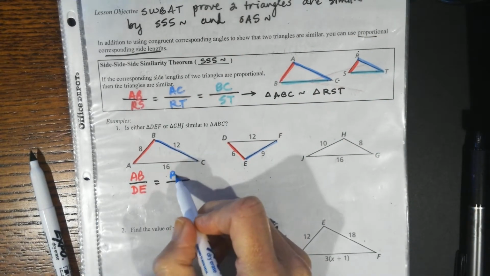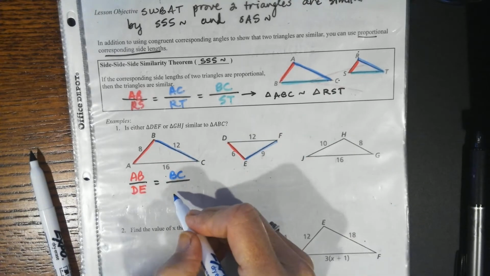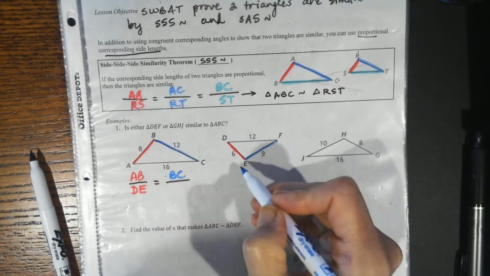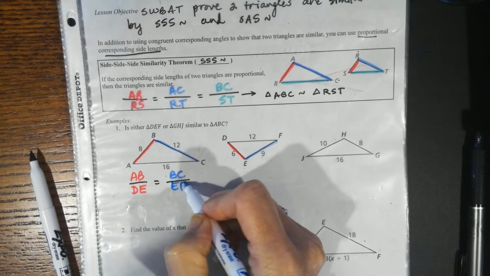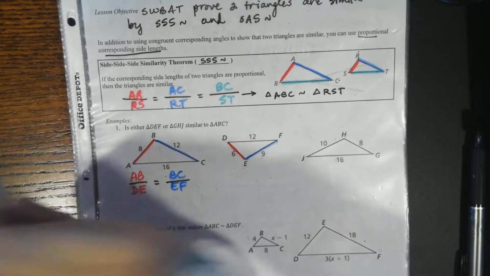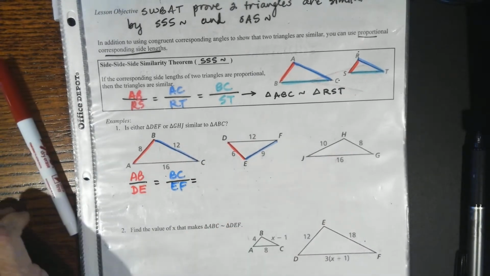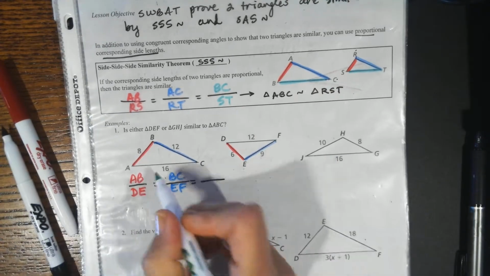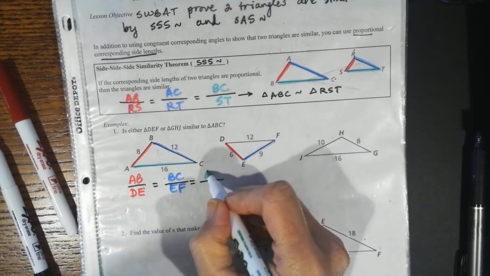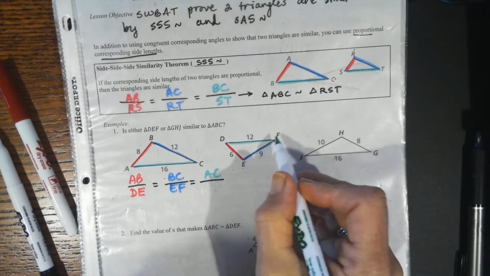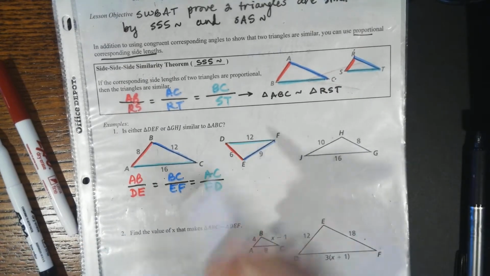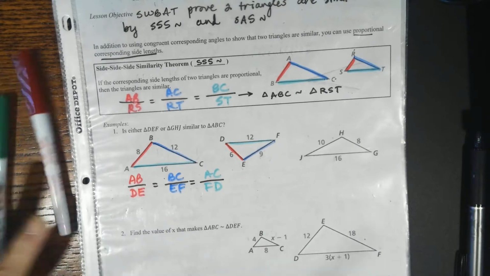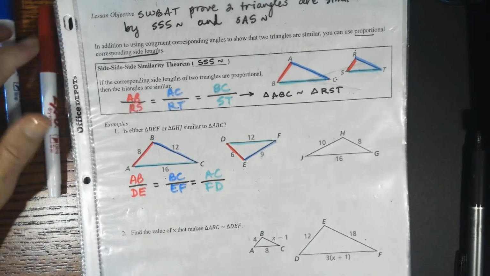So that's BC over EF, and I need to see if that also corresponds. So then AC would correspond to FD. And so I'll just plug those numbers in and see what happens.